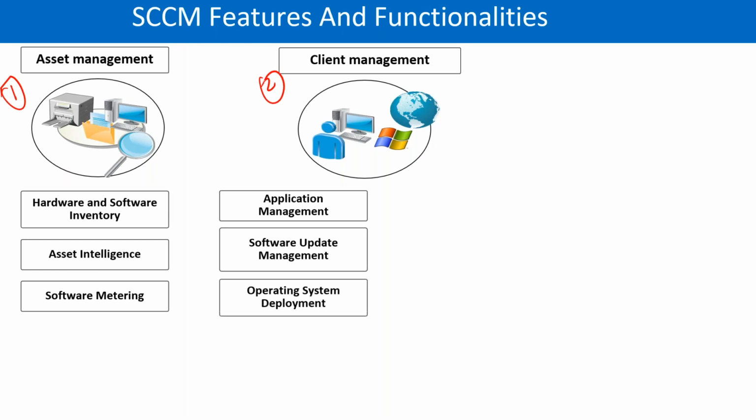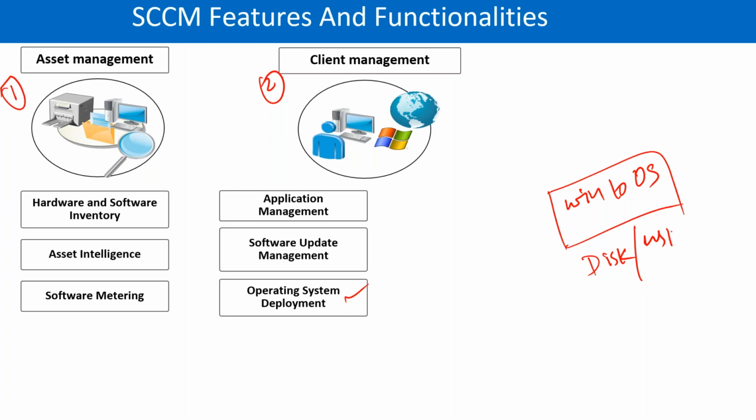Now, the third thing is operating system deployment. In order to deploy an operating system, let's say there is a computer and I need to load Windows 10 OS on it. Either you install using a CD disk or a USB, or you can do it through SCCM.